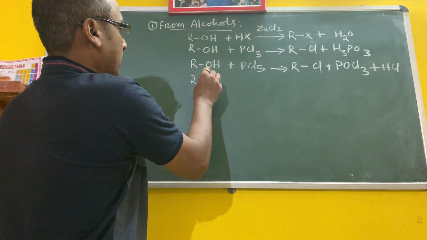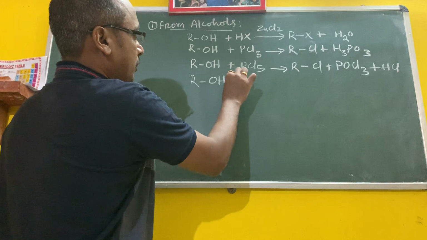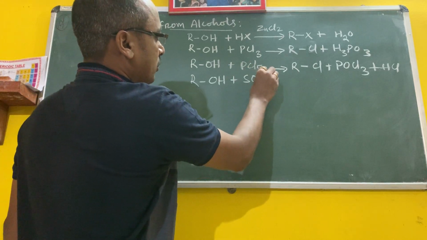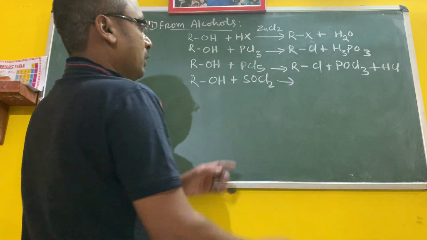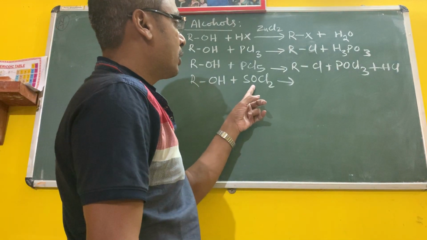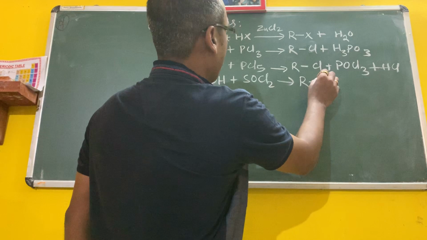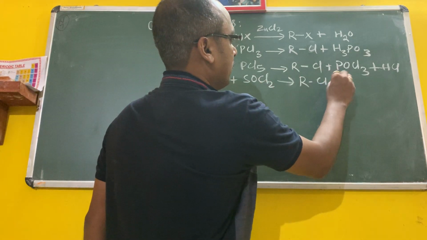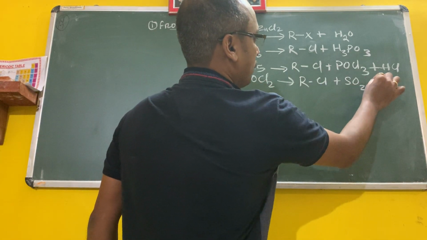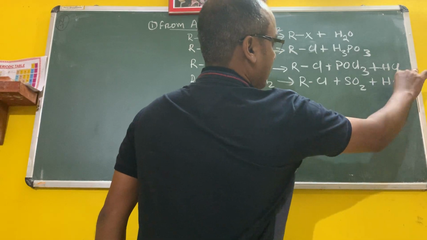Then ROH plus SOCl2. This is your thionyl chloride. SOCl2 is your thionyl chloride. Then again it will form RCl plus SO2 plus HCl.